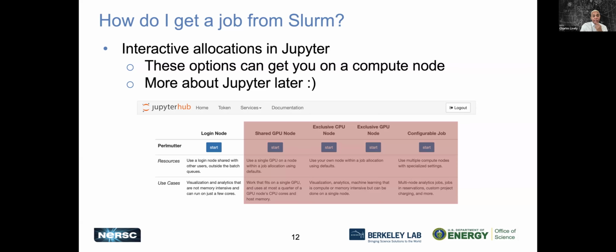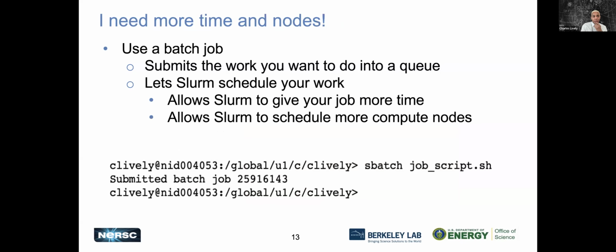And you can easily access a login node, a shared GPU node, exclusive CPU node, exclusive GPU, or you can do a more custom configurable script for multiple nodes. And again, this is just accessing it quick and easy through JupyterHub, which you'll have a detailed presentation on by Lippy next.